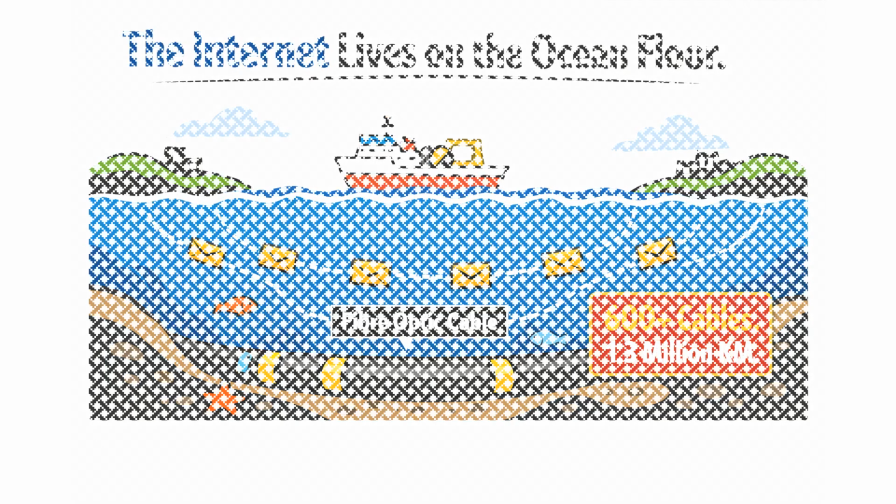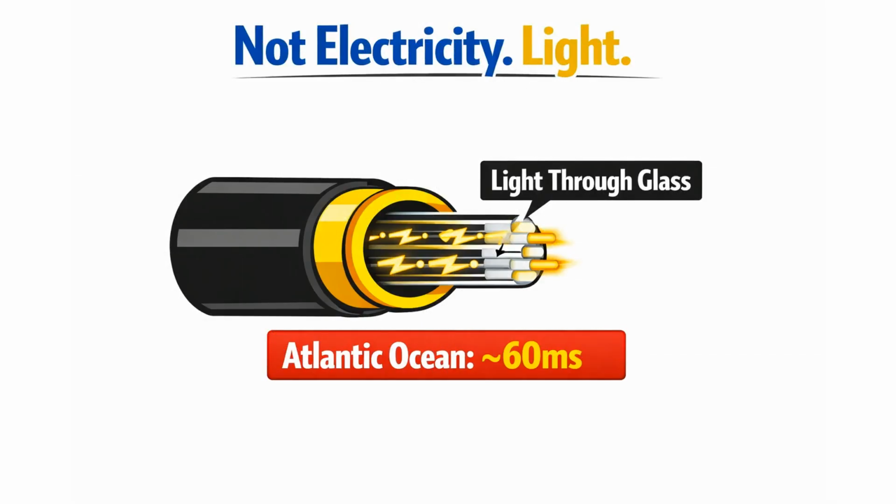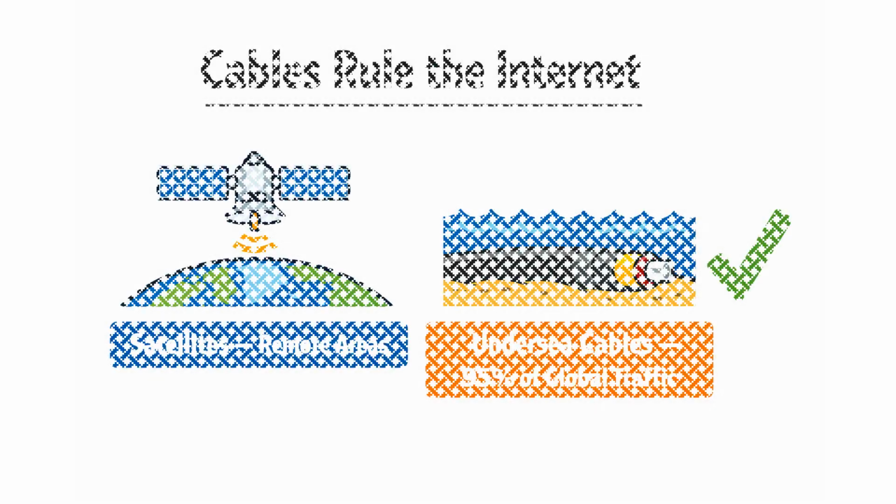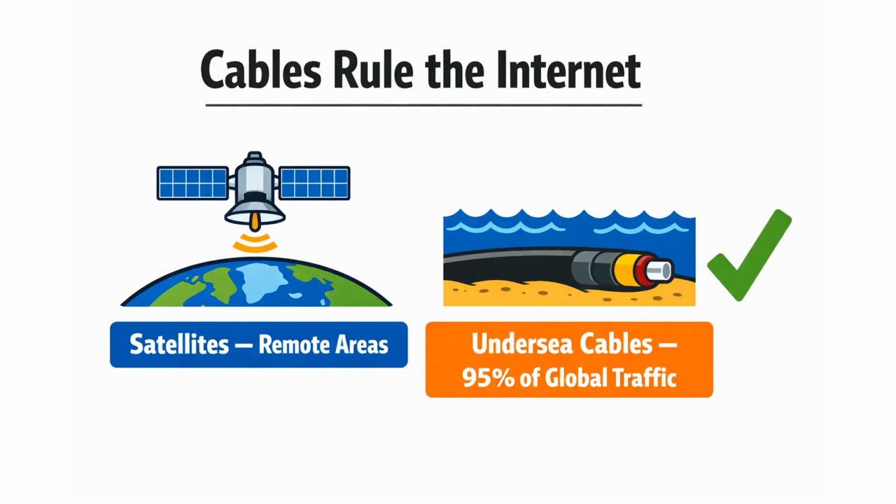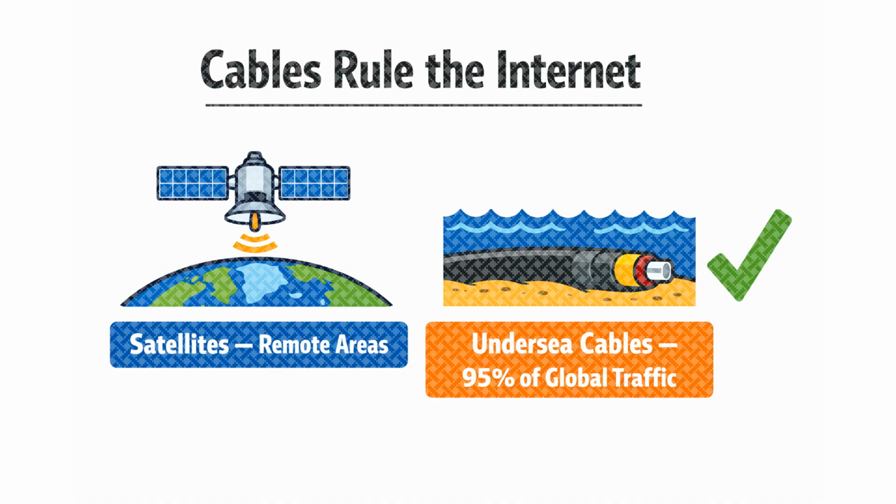These cables carry data as pulses of light using fiber optic technology. Light travels through glass fibers at nearly the speed of light, which is why data can cross the Atlantic Ocean in about 60 milliseconds. Satellites do play a role, especially in remote areas, and newer low-orbit systems like Starlink are changing that story. But make no mistake, cables rule the Internet.